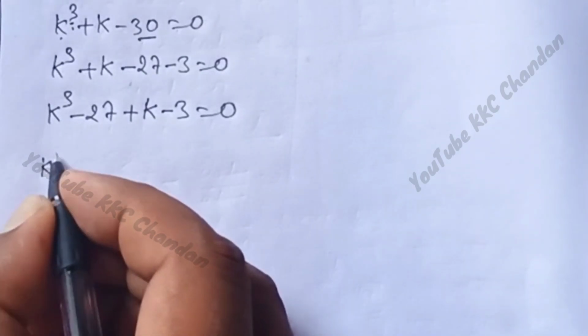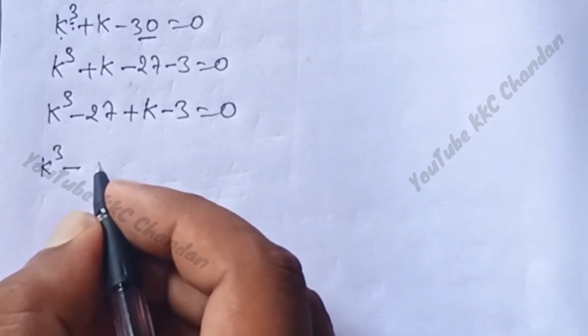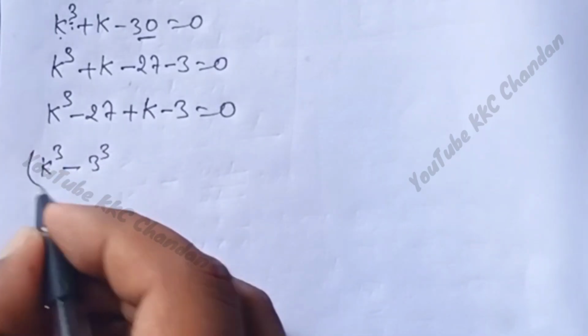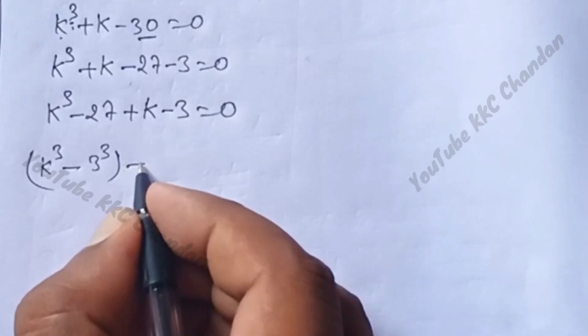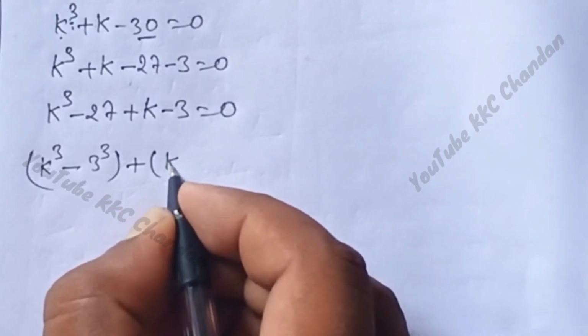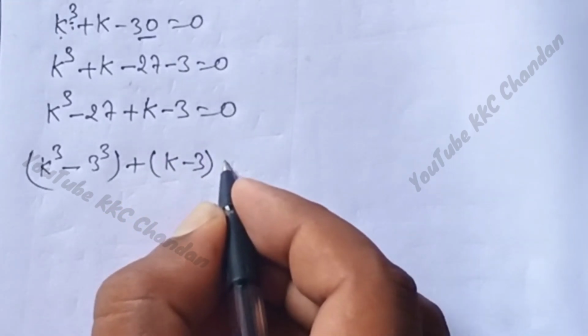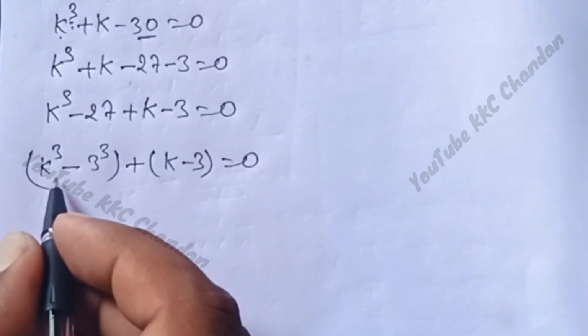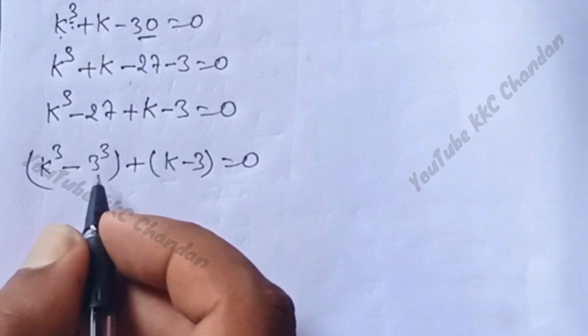See here, k cube minus 27 will be written as 3 cube, bracket open close, plus bracket open k minus 3 is equal to 0. See here, k cube minus 3 cube.